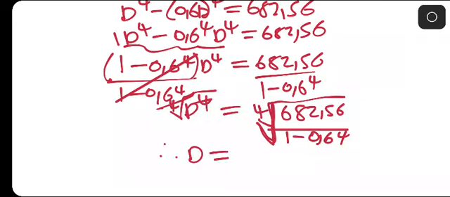Shift, fourth root, 682.56 over 1 minus 0.6 to the power 4, which is 0.1296. We get 6.599.